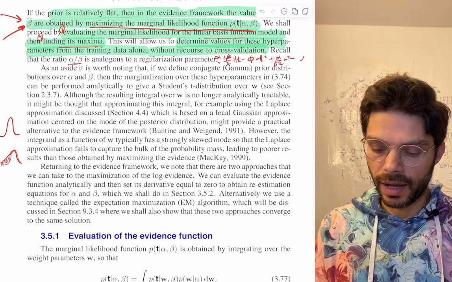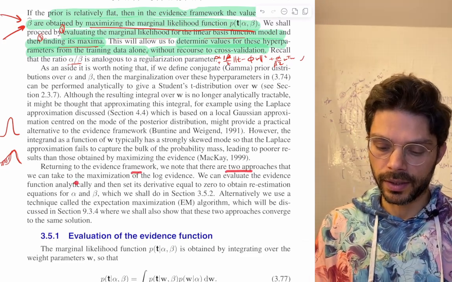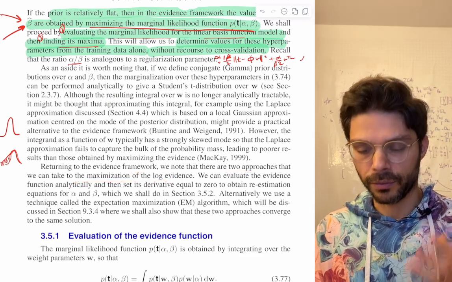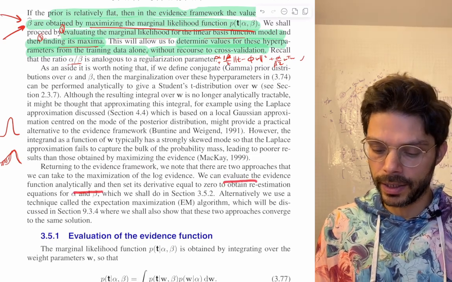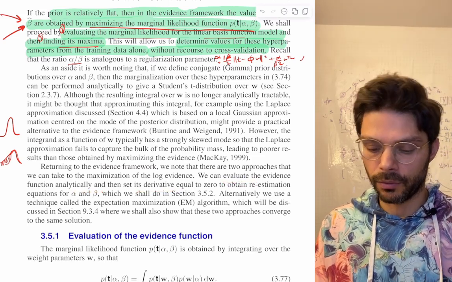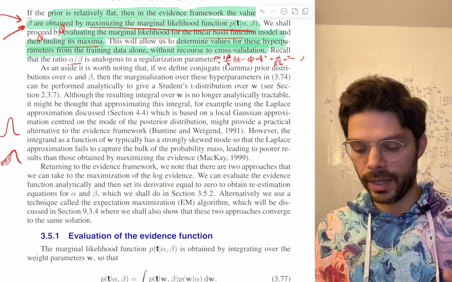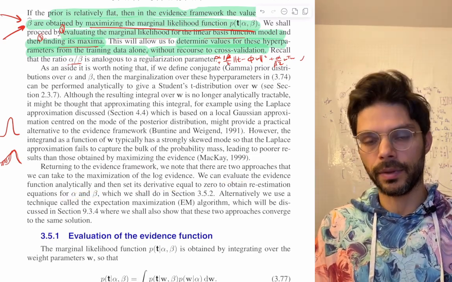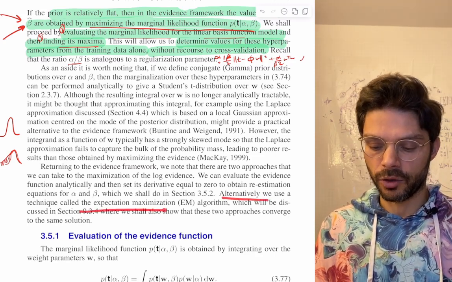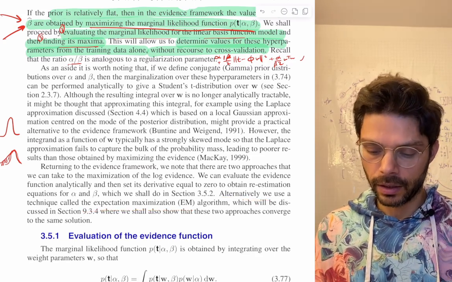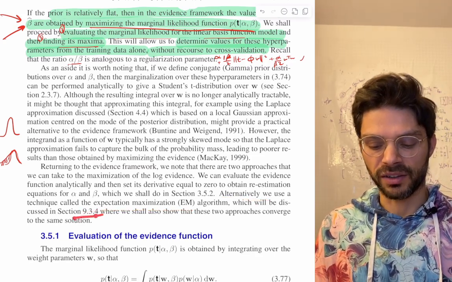Okay, returning to the evidence framework, we note that there are two approaches that we can take to maximizing the log evidence. Once we've decided to maximize the evidence, how can we do it? We can evaluate the evidence function analytically and then set its derivative equal to 0 to obtain re-estimation equations for alpha and beta. We're going to talk about that in the section after next. Alternatively, we can use a technique called expectation maximization, a very useful technique, which we'll discuss later on when we get to it.